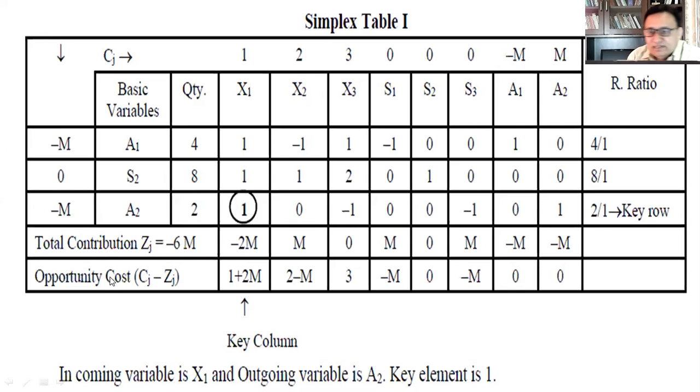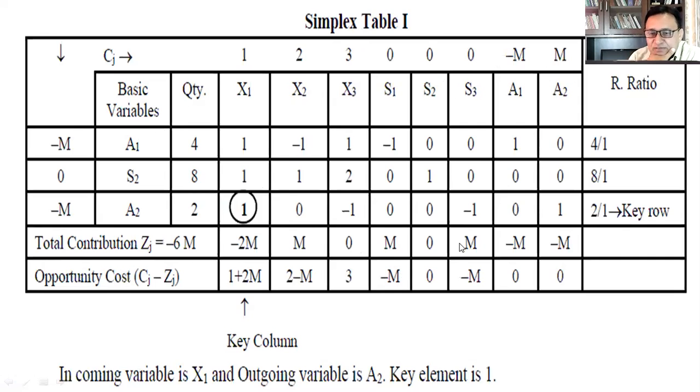Now we calculate Cj minus Zj. 1 minus -2m becomes 1 plus 2m. Similarly, 2 minus -m is 2 plus m. 3 minus 0, 3 will be there. Then 0 minus -m, plus m will be there.